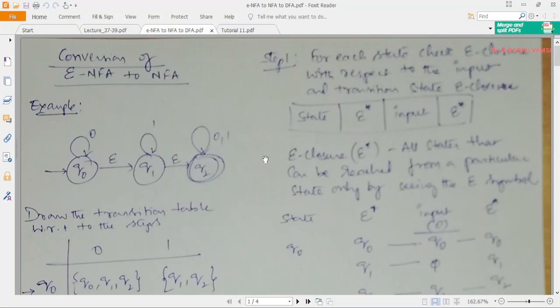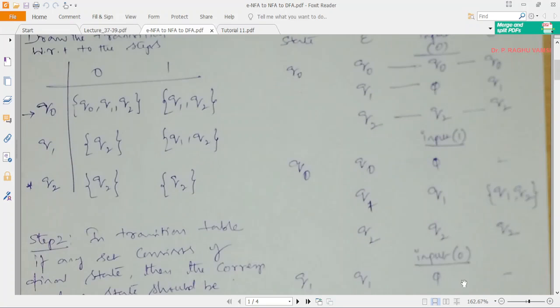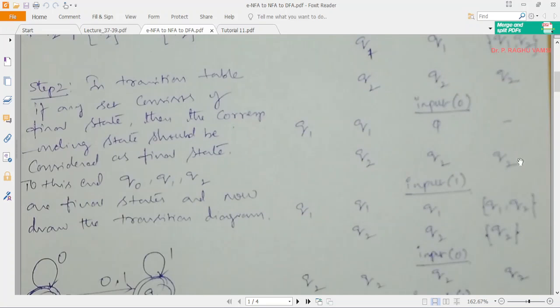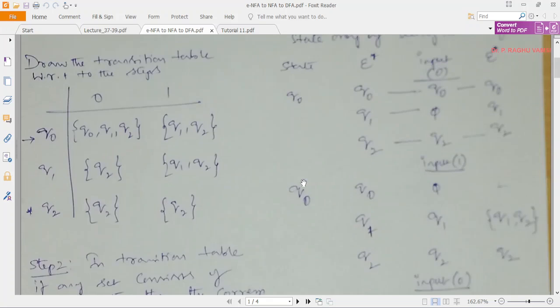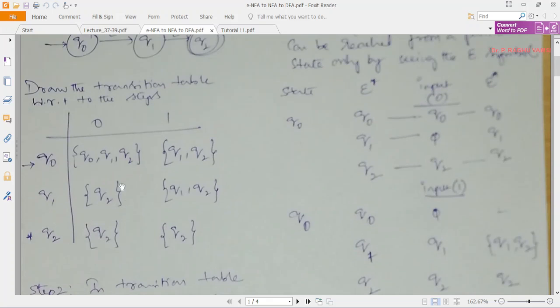There is no other epsilon transition state going out from Q2, so the resultant is Q2 itself. So Q1 upon 0 goes to Q2.